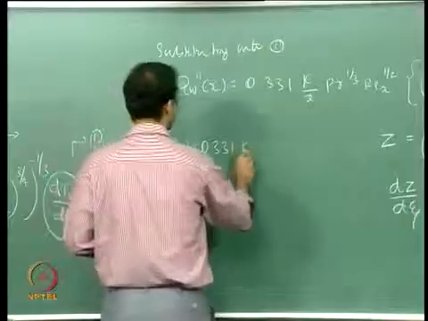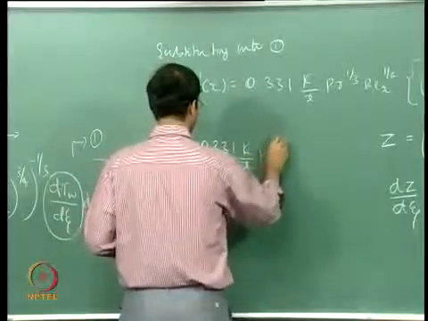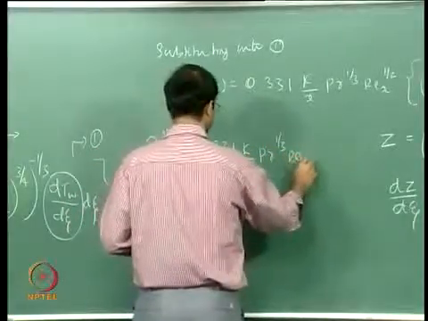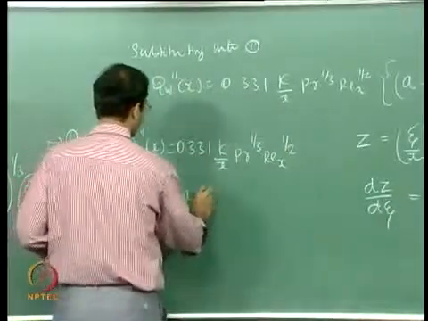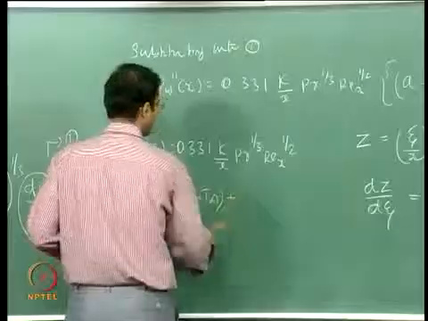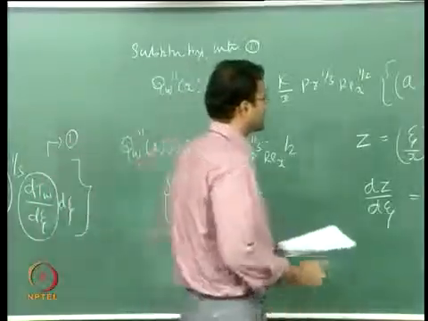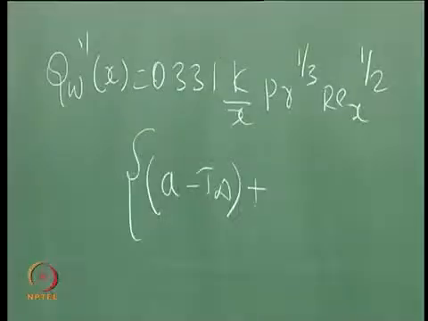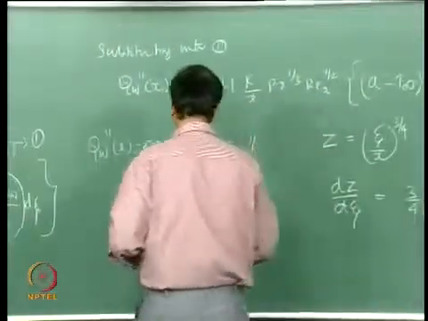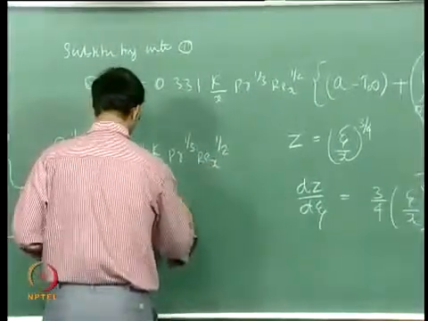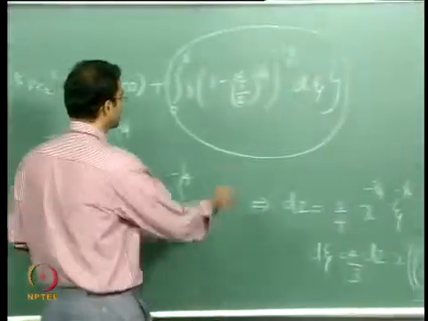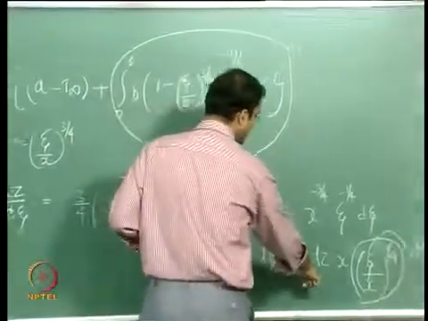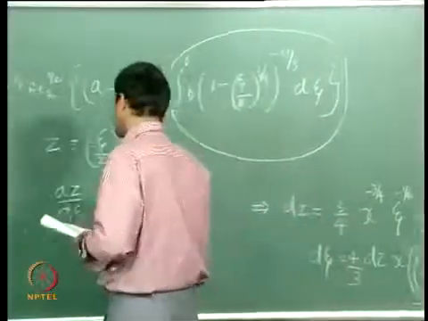So if I substitute into this expression, 0.331 a by x Pr to the power 1 by 3 Rex to the power, so you have A minus t infinity plus, substituting for d zeta, 4 by 3 is constant, b is also a constant, I can take out. Inside the integral, this is integrated with respect to dz, therefore x can also be taken out.